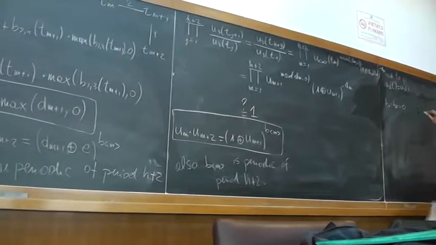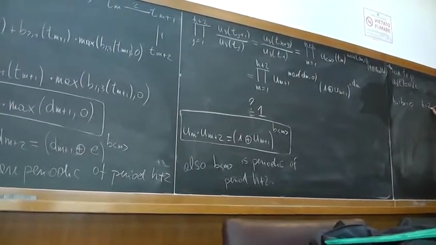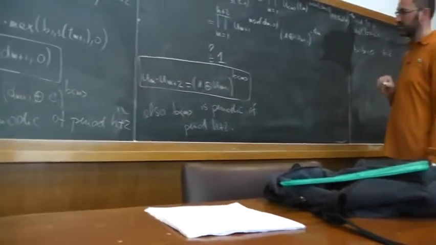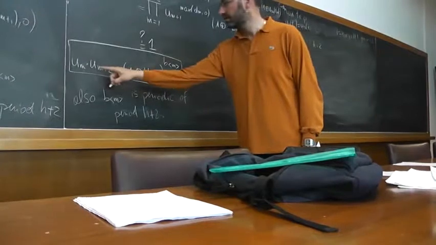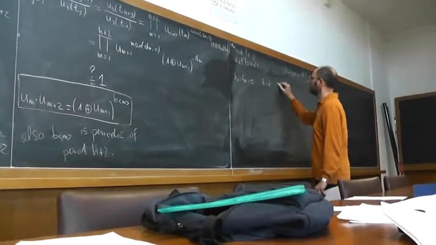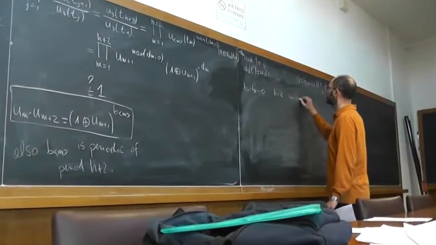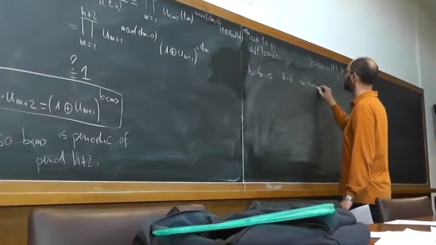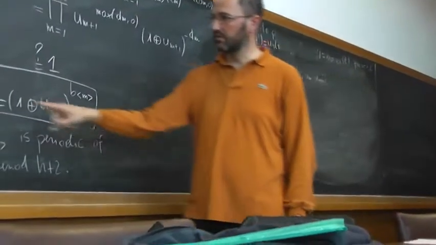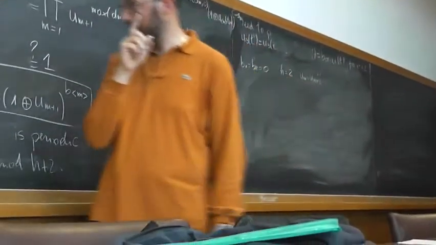In this case, h is 2. And from this relation, we have that un is un plus 2 minus 1, because the product is 1.